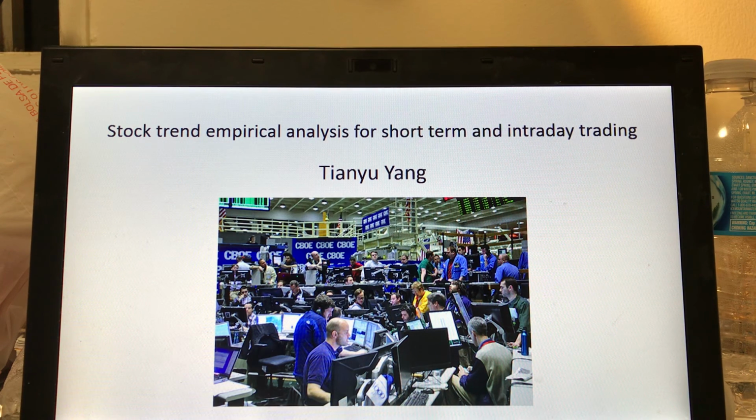I will continue to research this topic in the future, maybe using clustering algorithms from deep learning and developing neural networks to better let the computer classify the stock trend.